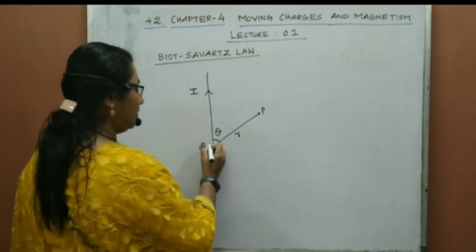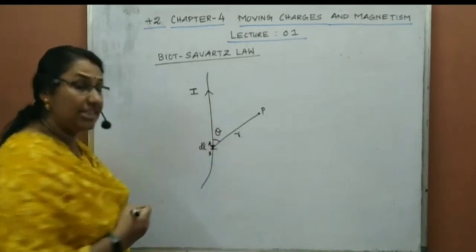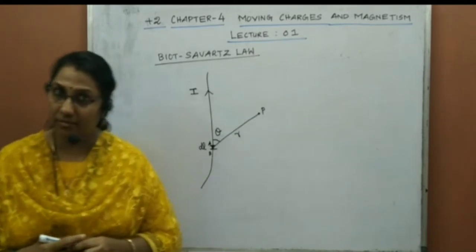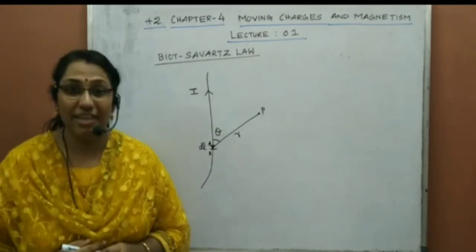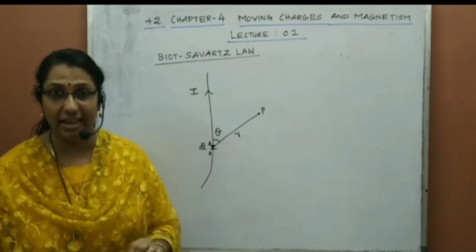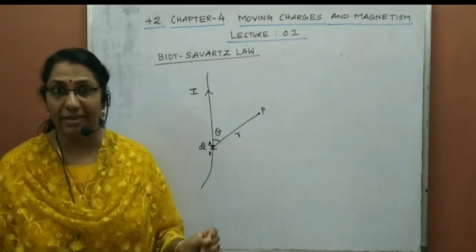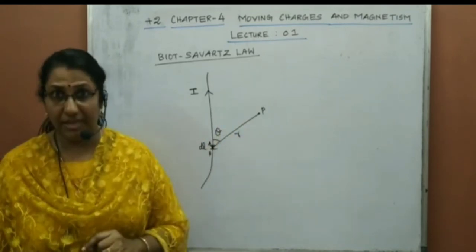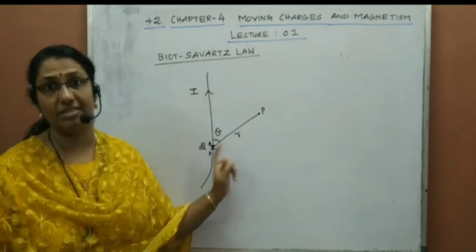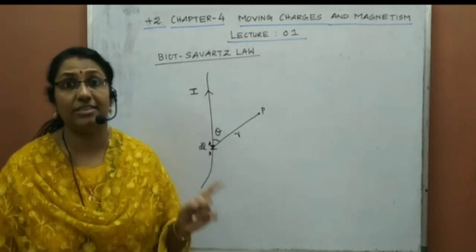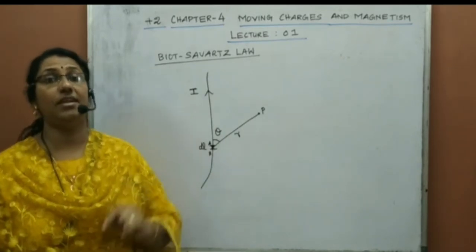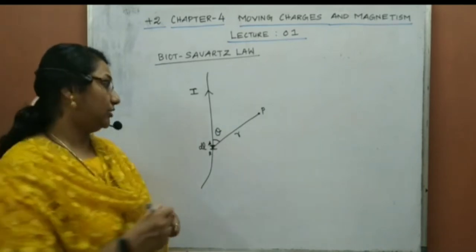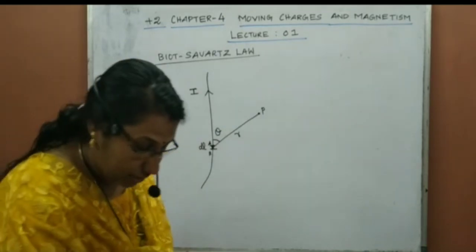If you want to name it, take it as AB. A very small segment AB of length dl, which carries a current I, with a point P at a distance r from the segment, and its position vector makes an angle theta to the direction of current. This is the direction of current.